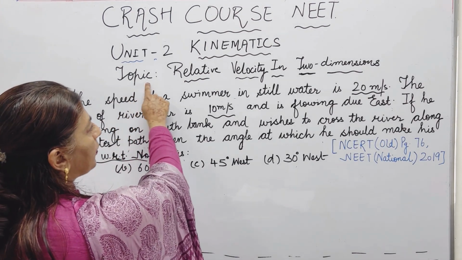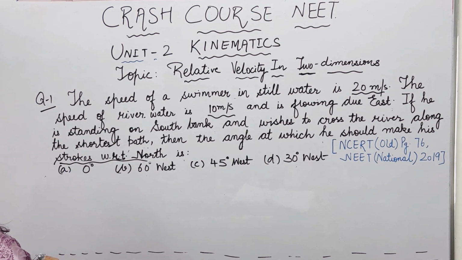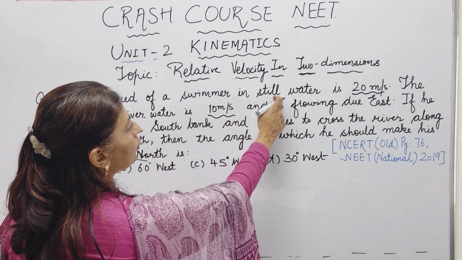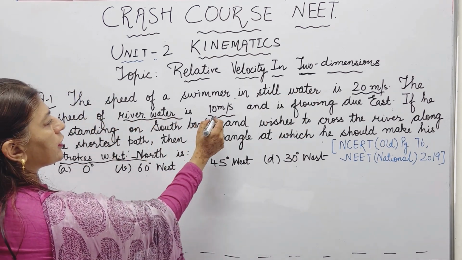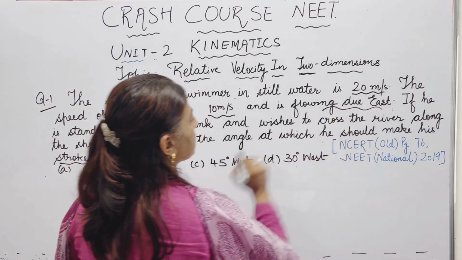Now we are taking the topic of relative velocity in 2 dimensions. In this, the first question is: the speed of a swimmer in still water is 20 meter per second. The speed of river water is 10 meter per second and is flowing due east.